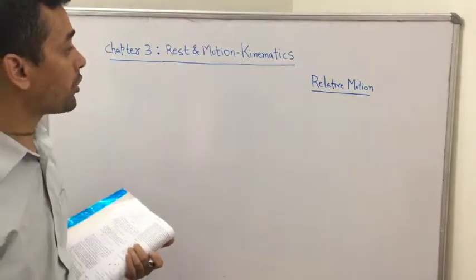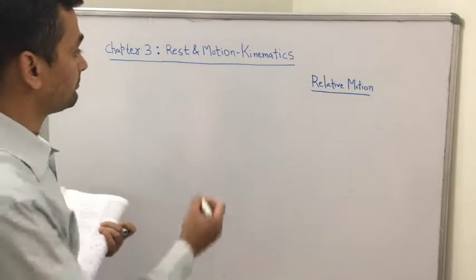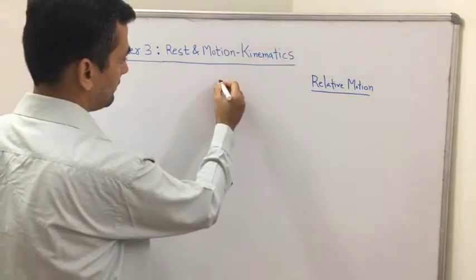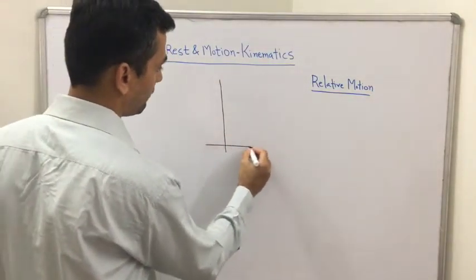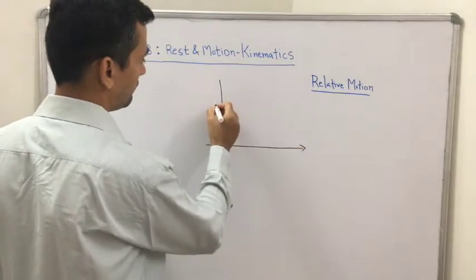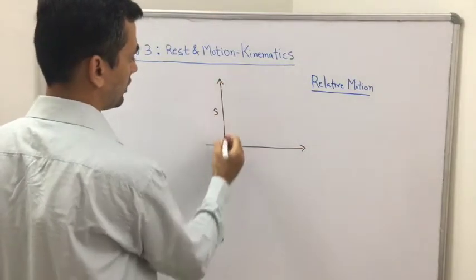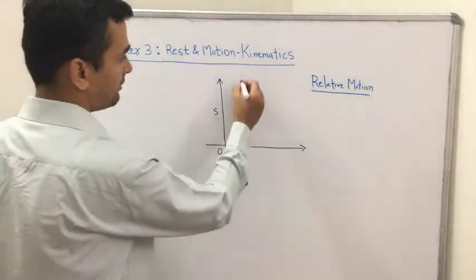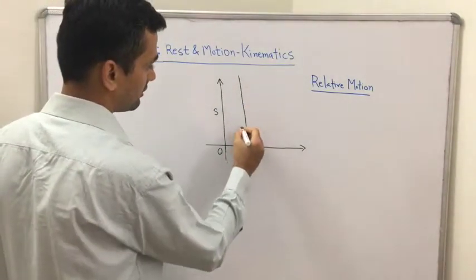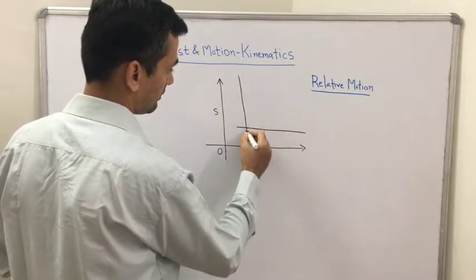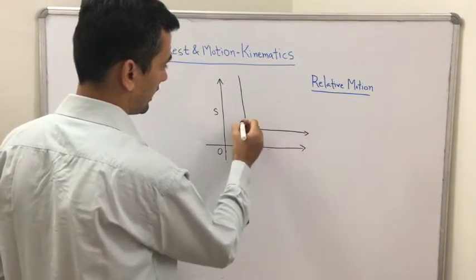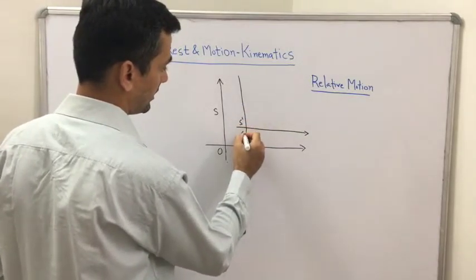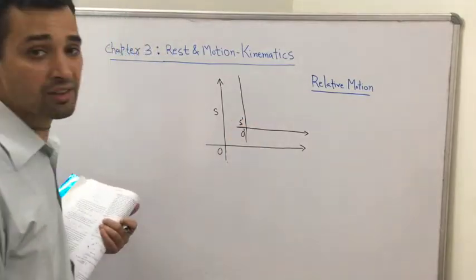So this is a very important topic. So let us say we have one frame of reference which I call S. Okay, so it has an origin O here, and I have another frame of reference which I call S prime and which has origin here.